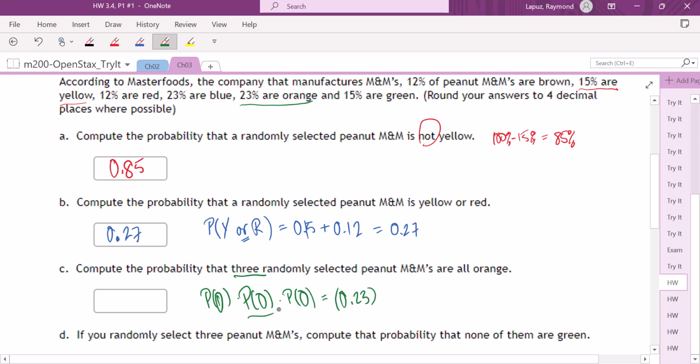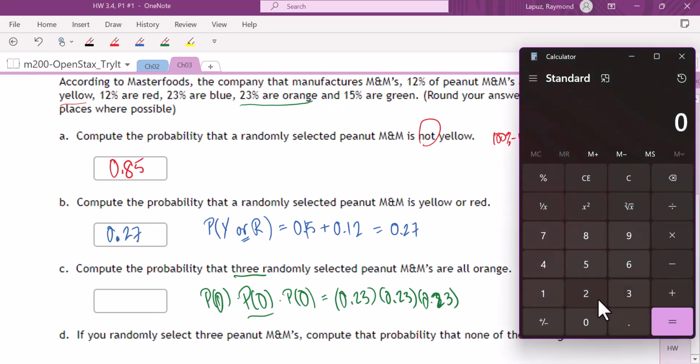The probability for getting another orange is going to be the same, and then the third orange is going to be the same. So we will just put this in our calculator: 0.23 times 0.23 times 0.23, and we're going to get 0.012167.